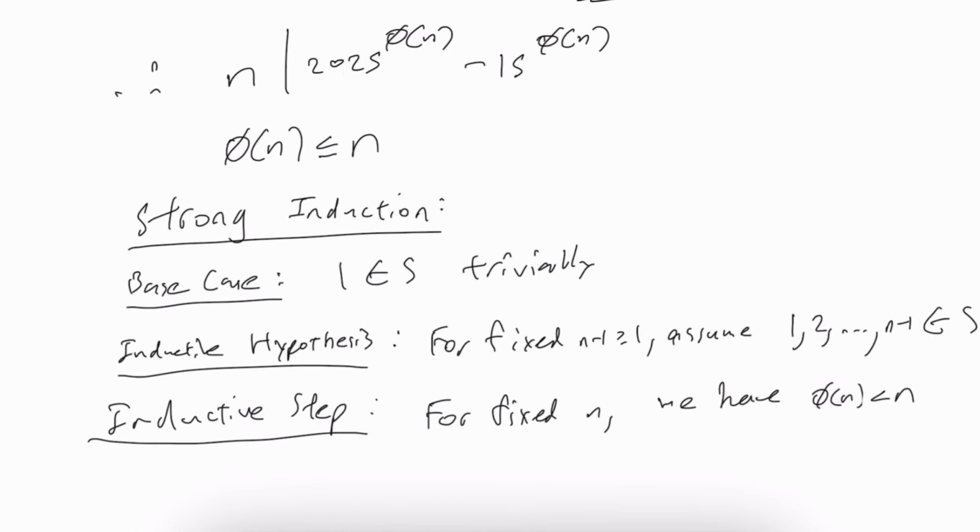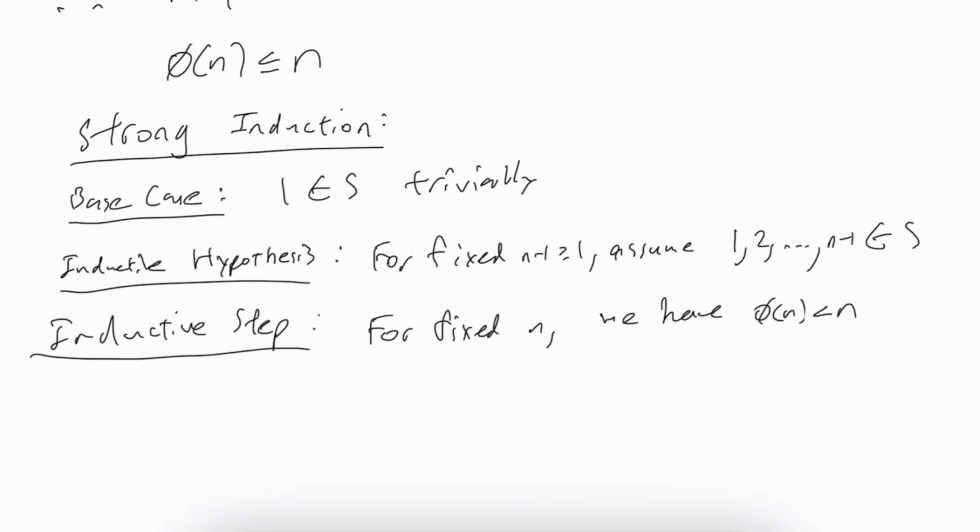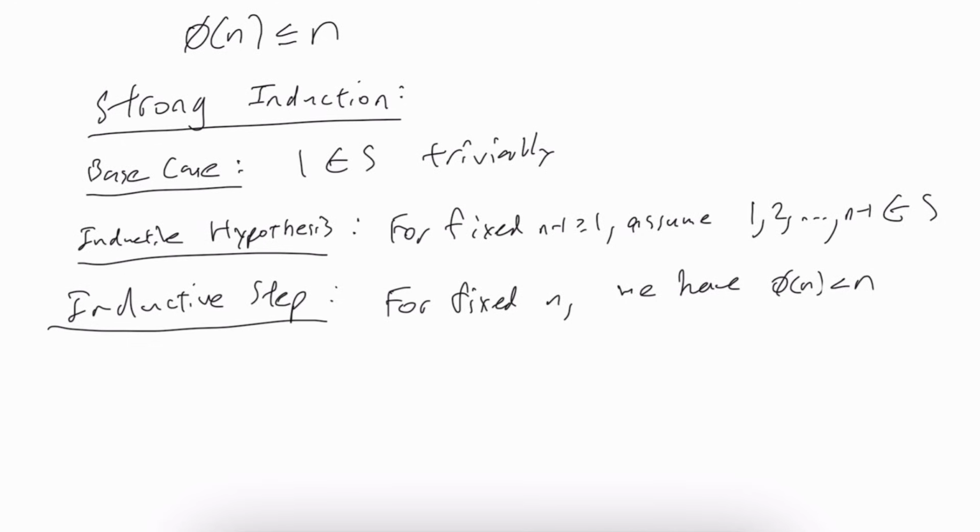So we really only consider 1 through n minus 1, and there are n minus 1 integers. So this is actually strict. We have phi(n) is less than n, so that implies phi(n) is in S by our inductive hypothesis.